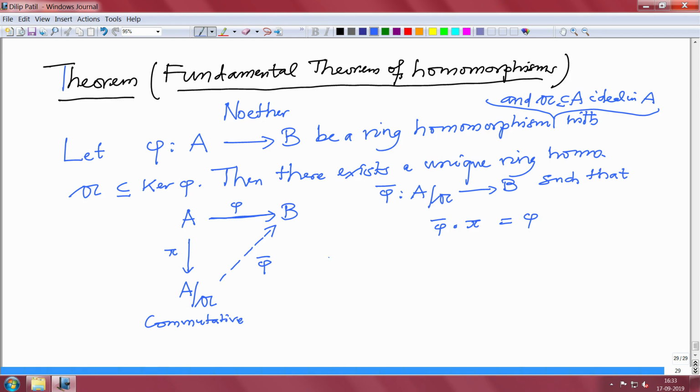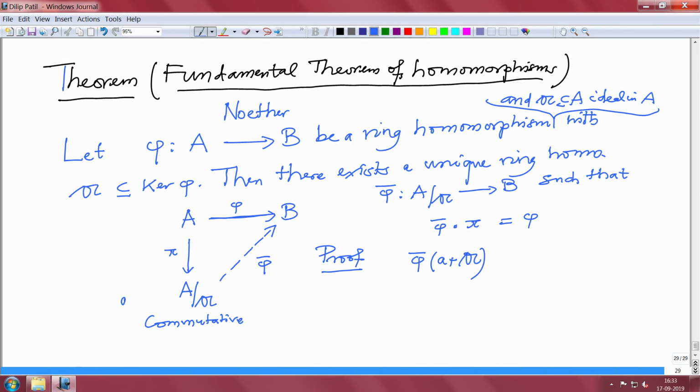So proof, let us write a quick proof. We want to define phi bar. That means I want to define what phi bar of the coset is. But this commutativity demand will dictate what to do.